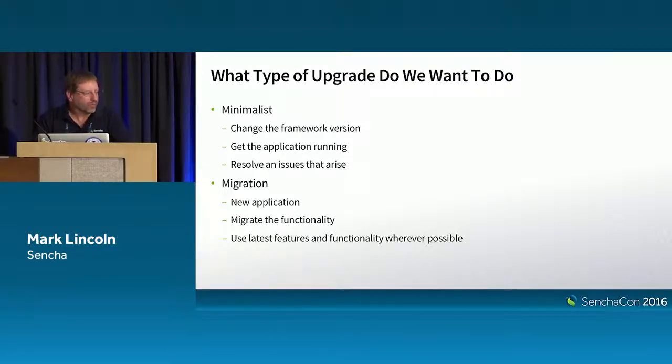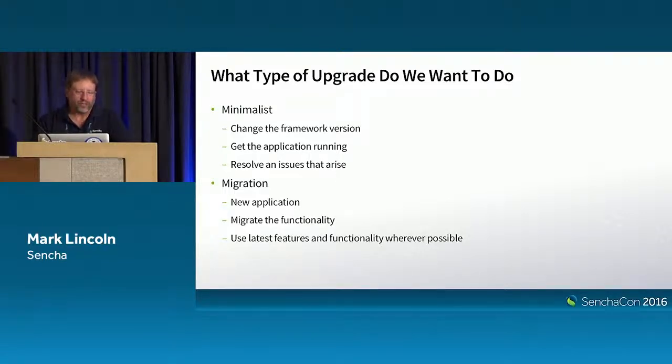And I've seen some upgrades that are, let's get the code to run in the latest version regardless of how it's put together. So we'll just bring in the latest framework and make it go. And that's what I like to refer to as a minimalist upgrade. And we're not really going to deal with that today because I don't think that's really doing an upgrade.